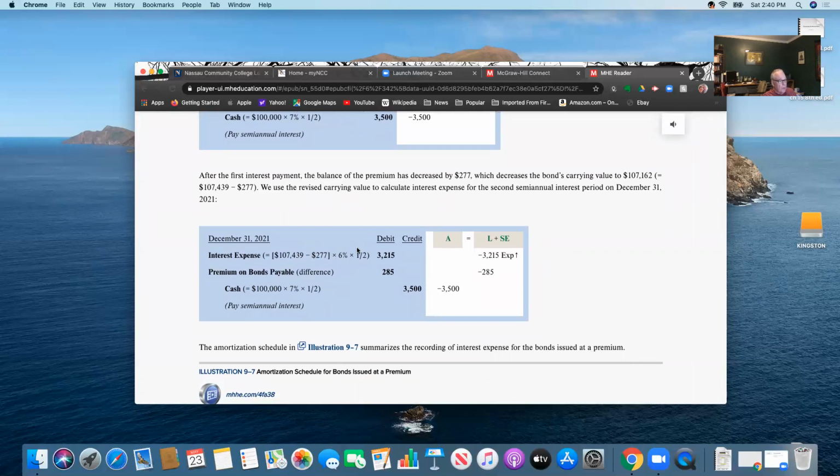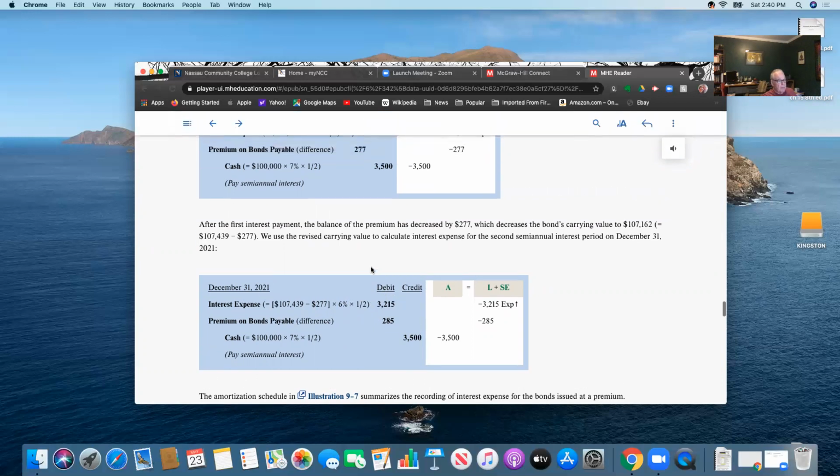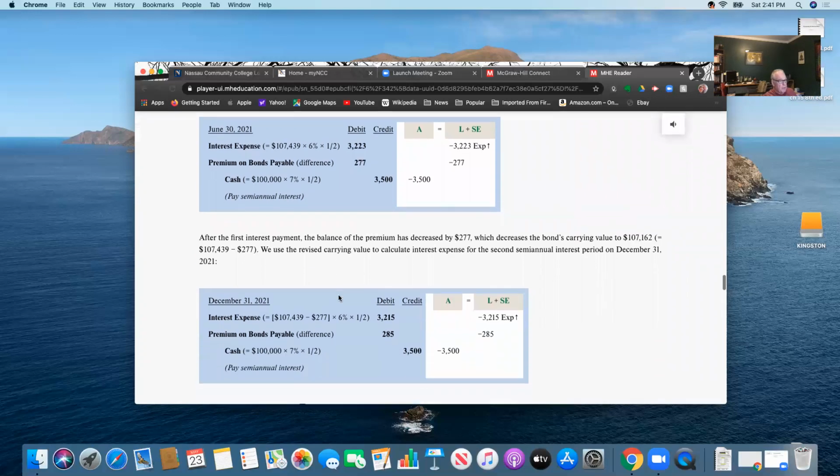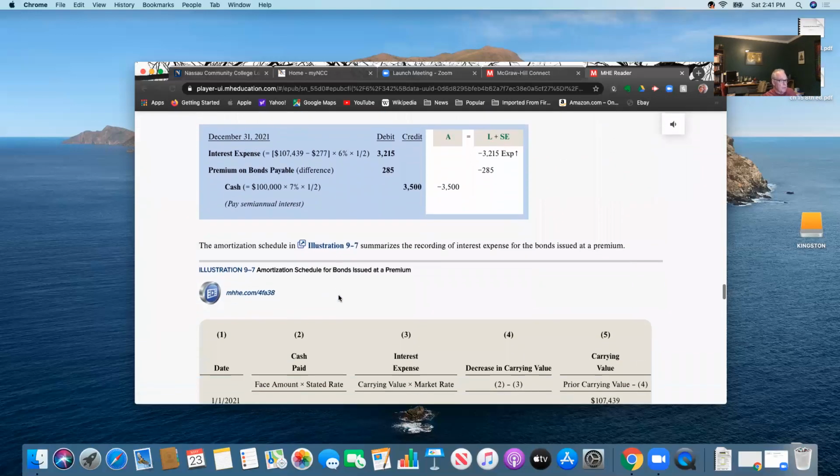Multiply that times the market rate times 1/2, 3,215. Credit cash, 3,500. Debit premium, 285. Notice what happens with premium. Interest expense goes down a little bit. See it? From 3,223 to 3,215. Why? Because the carrying value is decreasing a little bit.